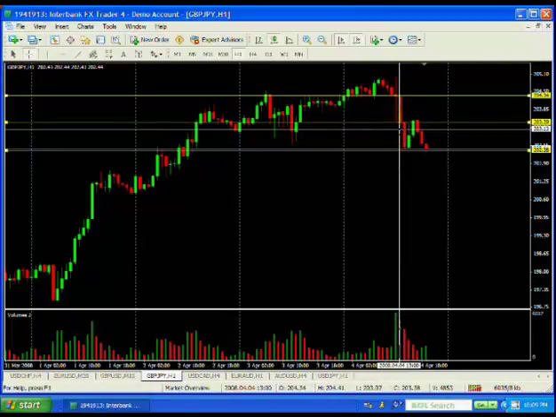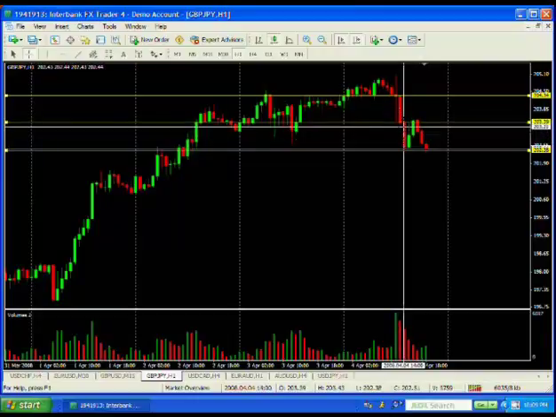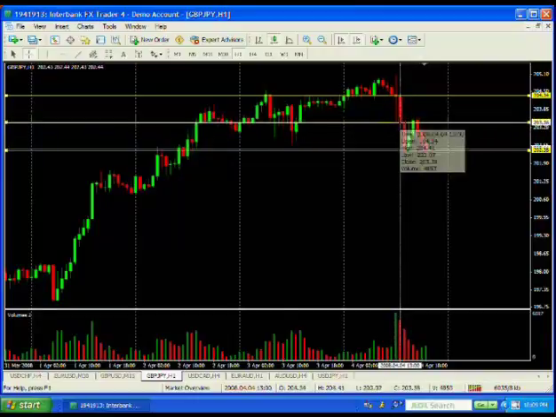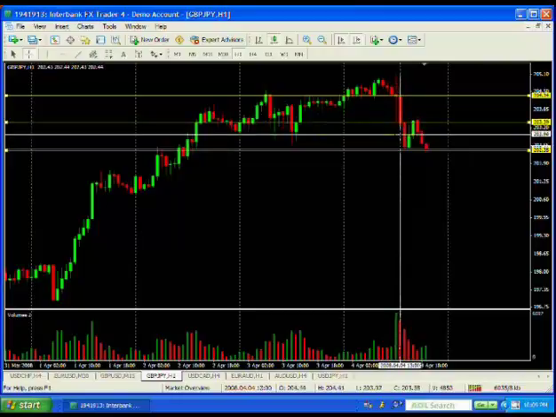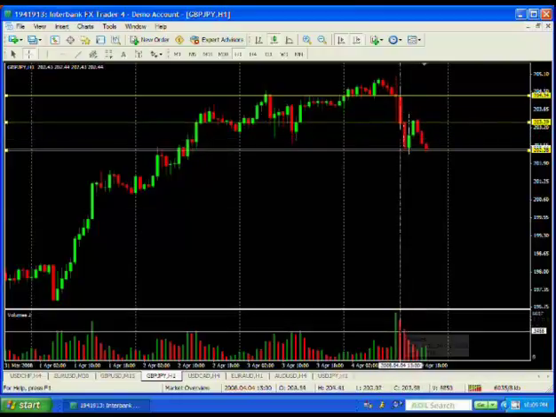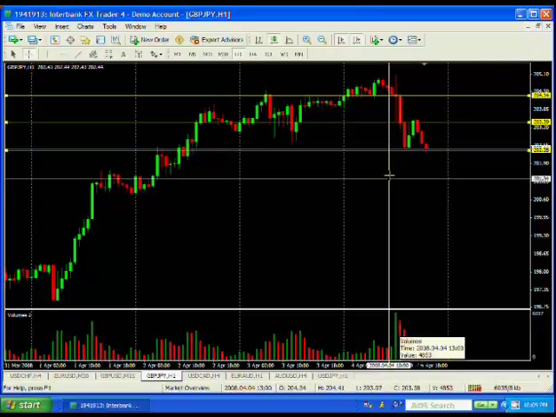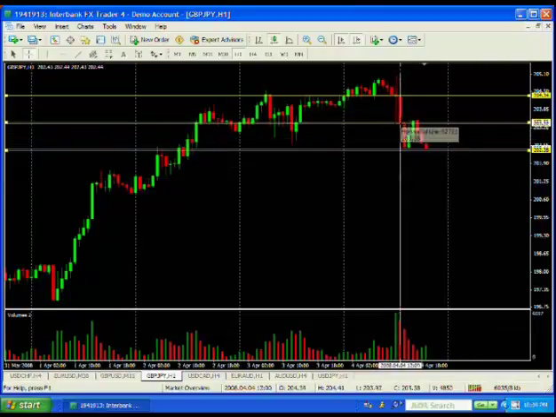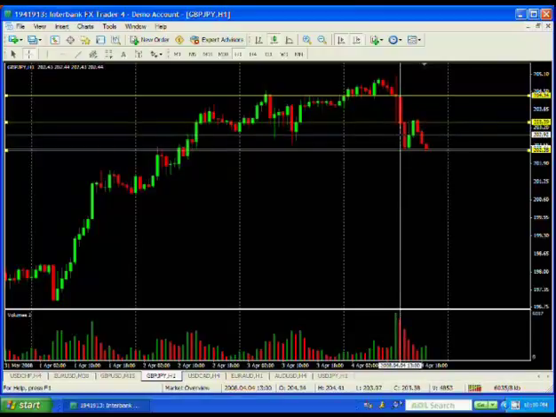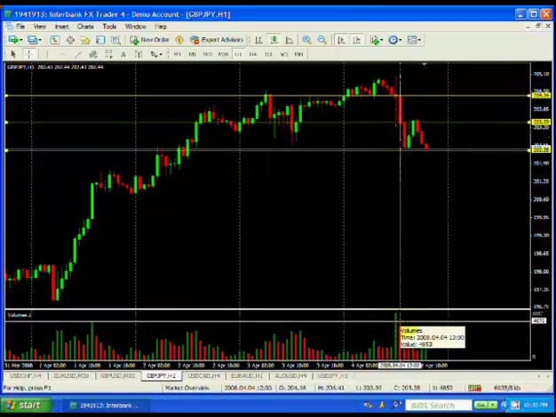When I look at this bar, we did close just below support here, but when we look here, we see we had lower volume. So myself, I would get out. If I didn't get out when price touched support here, I would have gotten out at the close of this bar simply because we had lower volume.